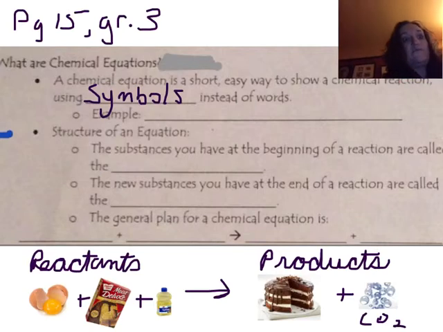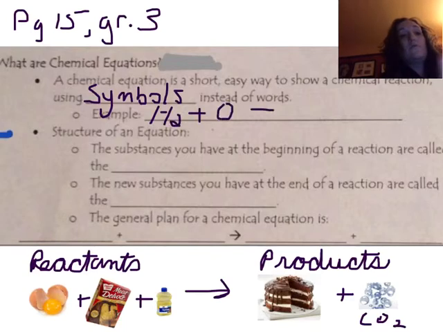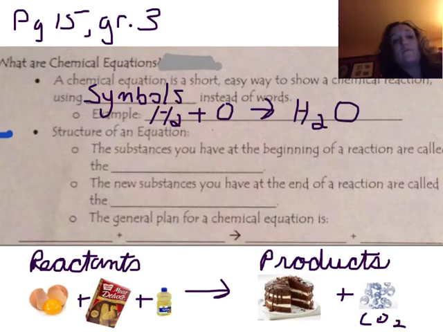For example, H2 plus O yields, so that arrow means yields, H2O. So that's an example of a chemical equation.